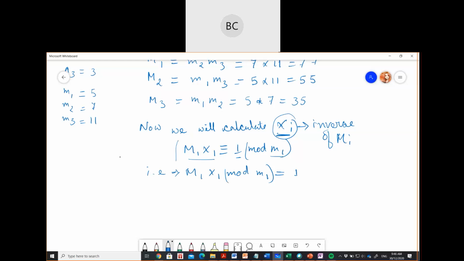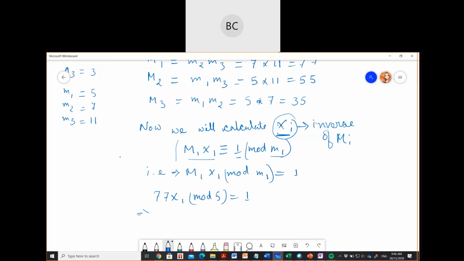If you find it for the first one, our m1 was 77, 77 x1 mod 5 equal to 1. Now we need to find this x1. We need to multiply x1 by 77 and divide it by 5 such that the remainder is 1. What could be the possible ways?